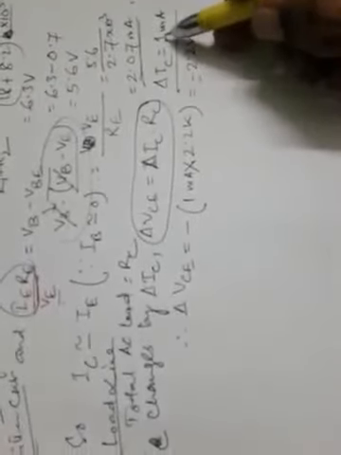Why is it decreasing? Because of this negative sign. That means if IC is increased by 1 milliampere, VCE will decrease by 2.2 volt. Okay, and this increase and decrease will occur from the original Q point position.